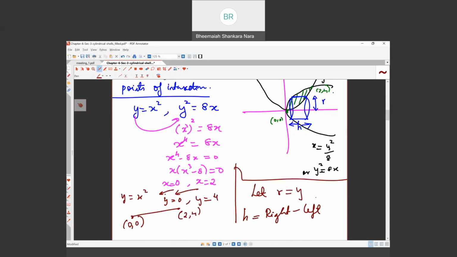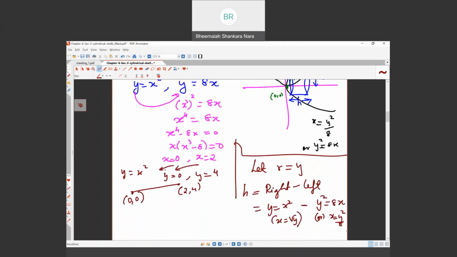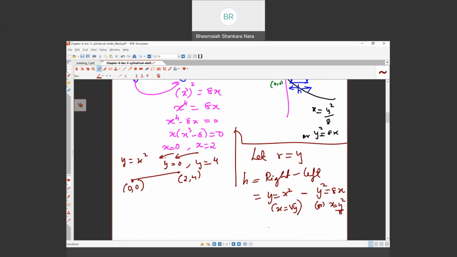The rightmost curve is y equal to x squared, or you can write it as x equal to square root of y, whereas the leftmost curve is y squared equal to 8x, or you can rewrite it as x equal to y squared divided by 8. So you subtract the leftmost curve from the rightmost curve. So all you have is root y, which is x itself, minus y squared over 8.